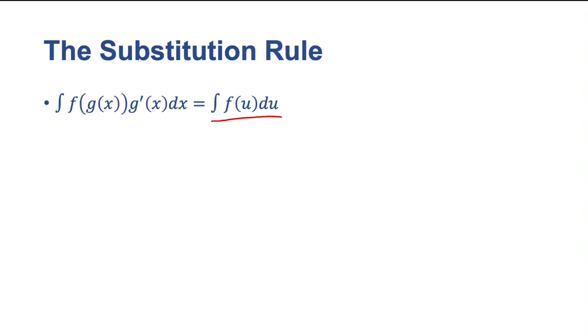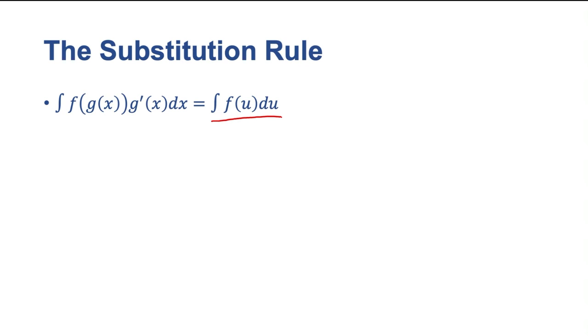Another thing to mention is that this f function, I know this is a composite function, but it should just be mentioned so that you can easily recognize what your g of x is, what you should set your u to be equal to. We're looking for the inside of something. So the f is usually going to be a big operator of some sort, like a square root or a trig function.